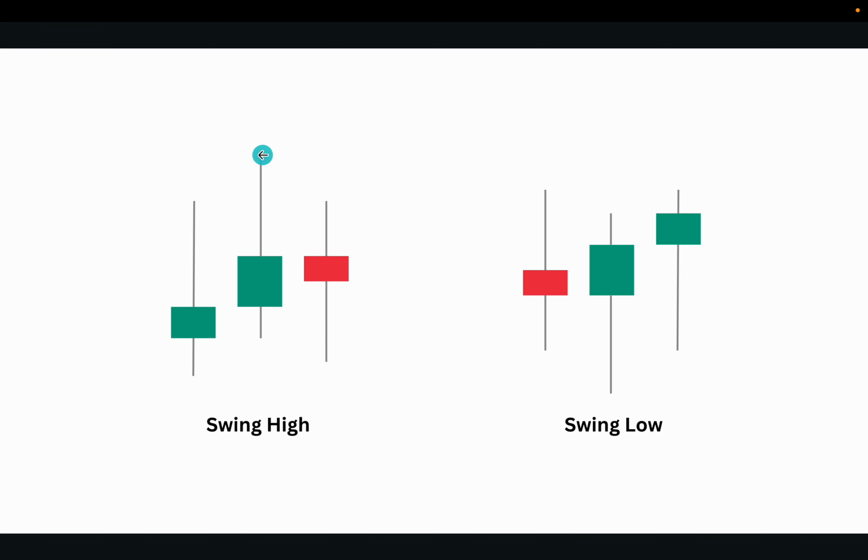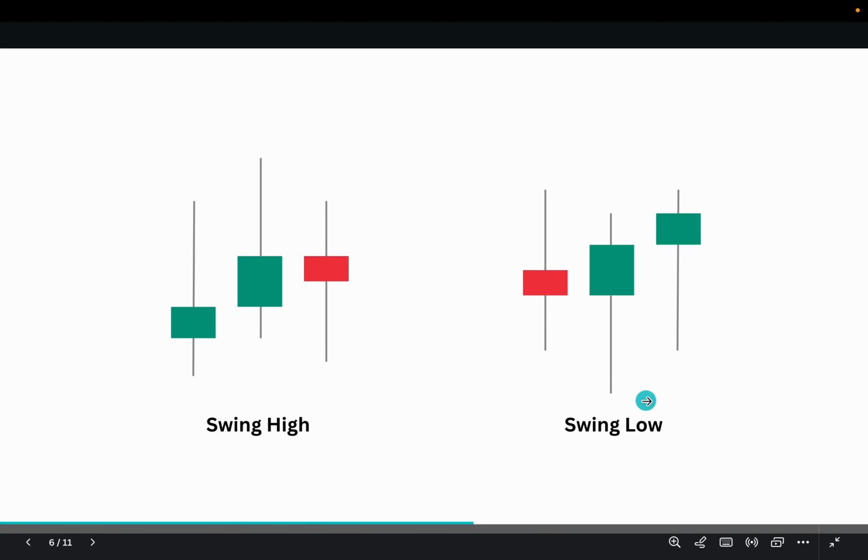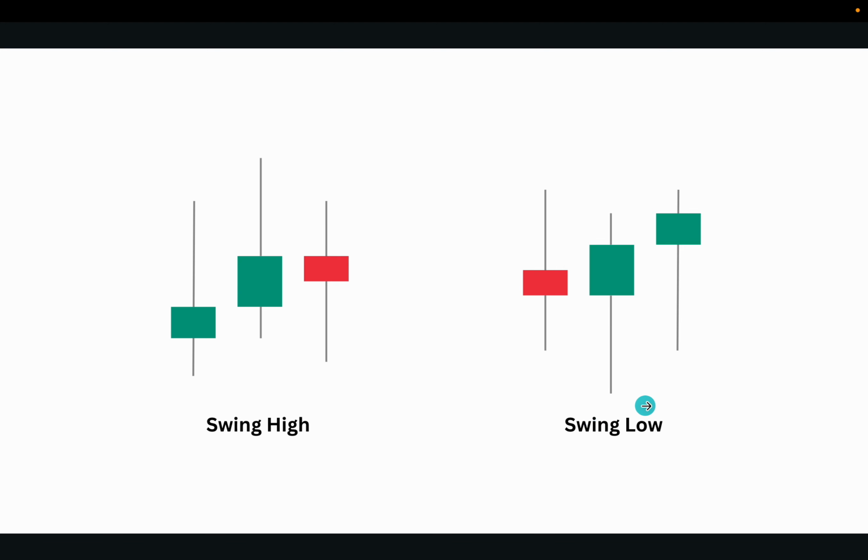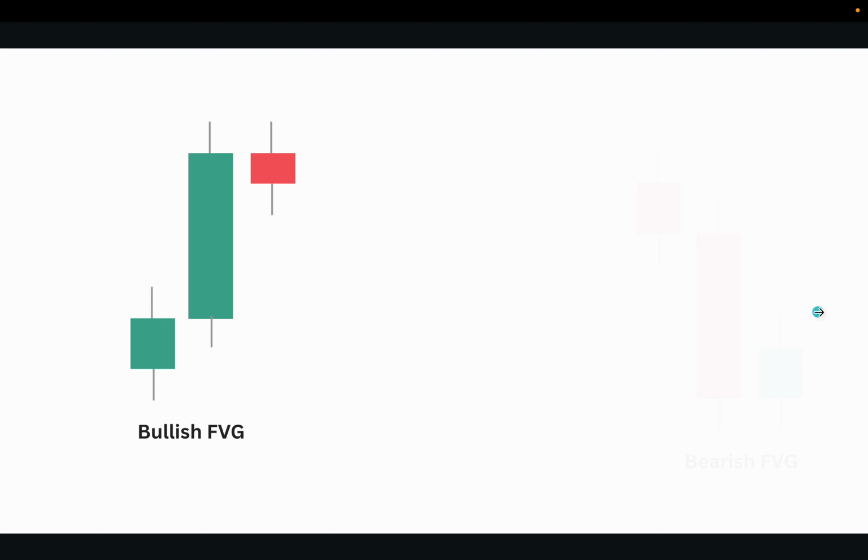Similarly, a swing low has a higher low on the left side and a higher low on the right side. This is called a swing low. These swing highs and swing lows are very important PD arrays that we'll be using throughout our videos.